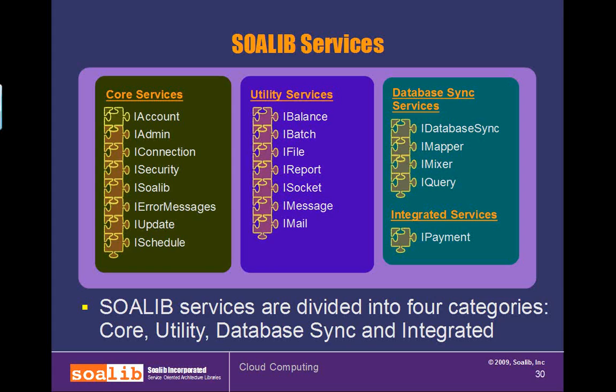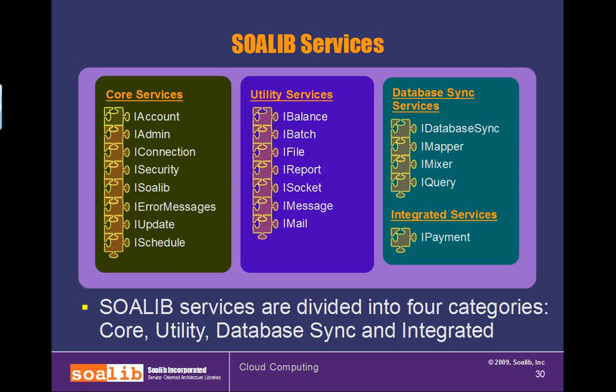And there are also other utility services like load balancing, batch file, etc. And database synchronization is one of the most powerful services offered by SOALIB, which can do heterogeneous data synchronization, which we will see later. And iPayment on the bottom is the payment processing engine in general that supports credit card, debit card, check card, transfer money, etc.